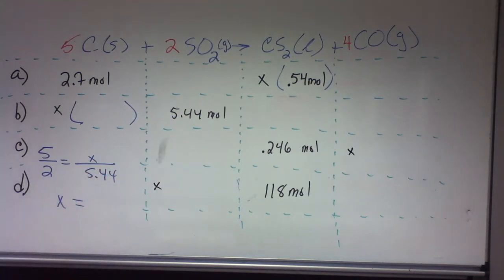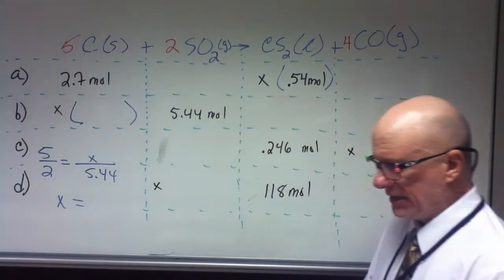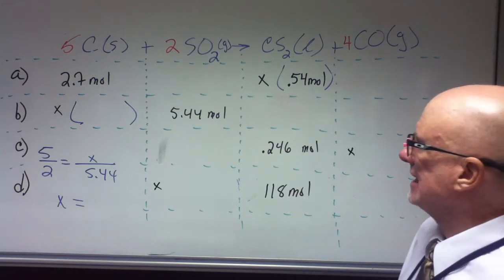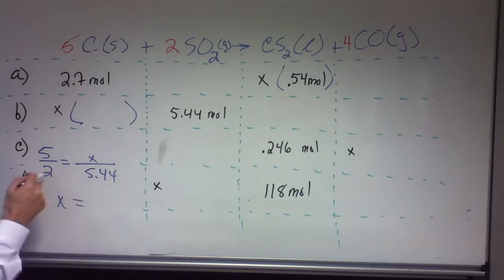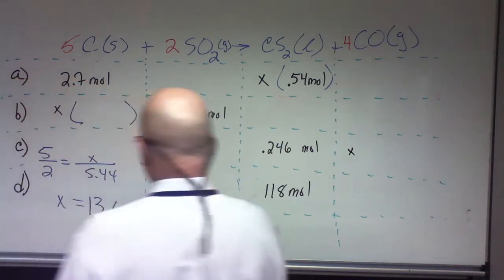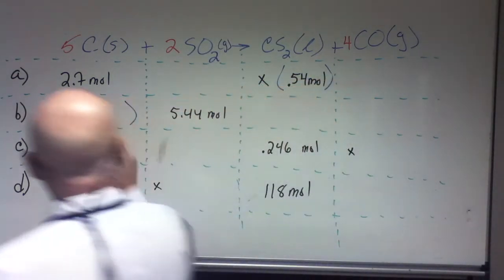X will equal 13.6. So this is 5 times 5.44 divided by 2, 13.6. So I'm going to put 13.6 here.